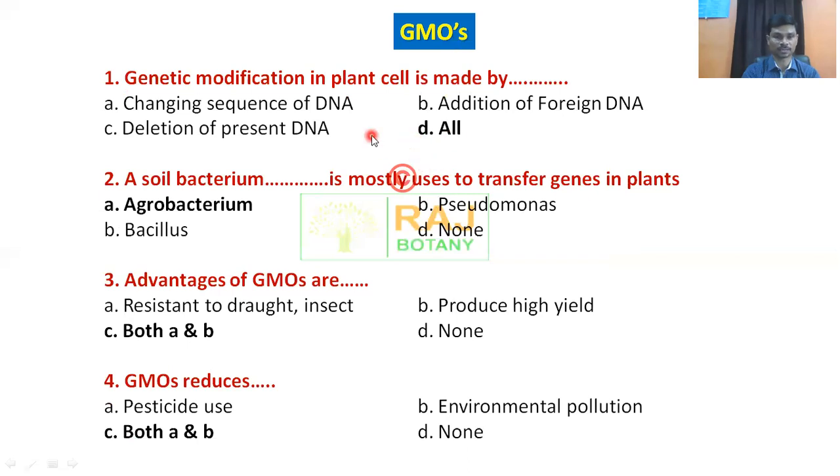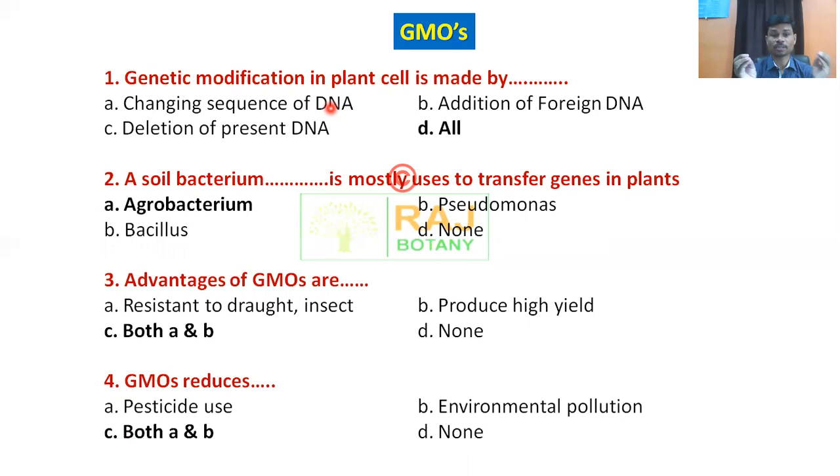All options are correct. Changing the sequence of DNA means if you want to transfer one particular gene, suppose from plant A into plant B. Plant A is a disease resistant plant. Plant B is a disease susceptible plant. If you want to transfer the gene from A into B, then we are going to change the original sequence of this plant, and we are also adding the foreign gene from plant A. Means A option is also correct, B option is also correct.